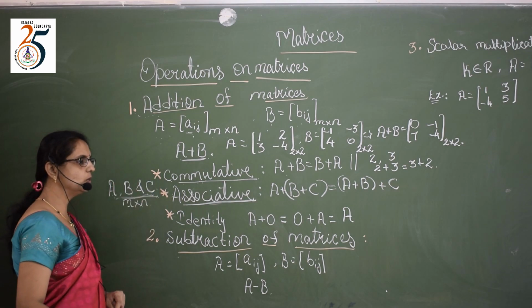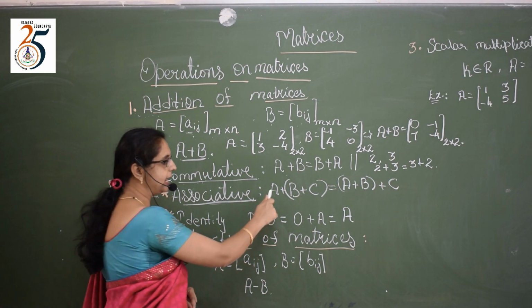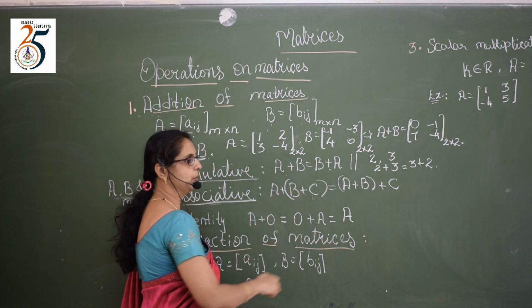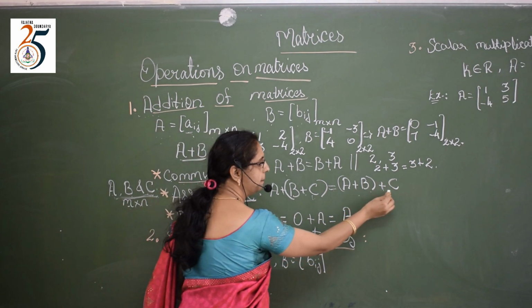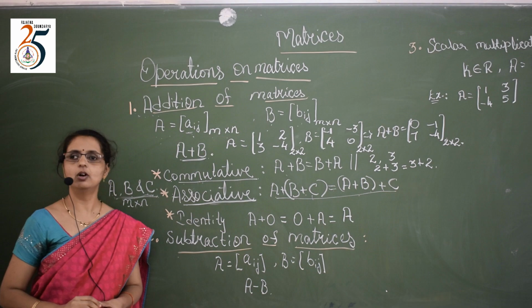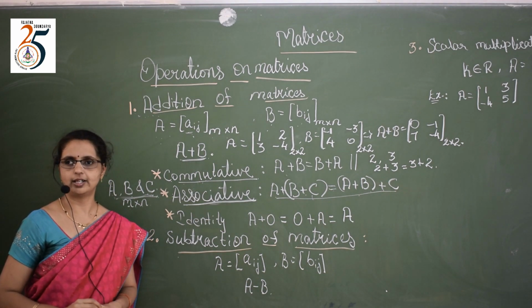Then our associative law states that A plus (B plus C) is equal to (A plus B) plus C. This is called the associative axiom of addition of matrices.